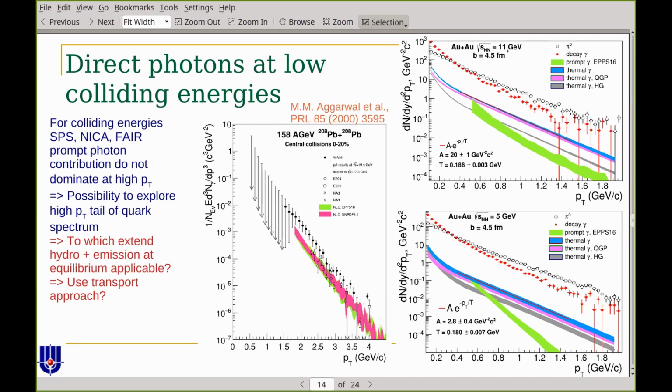And with such collisions, we will be able to look at how fast these tails will be built, looking at the direct thermal photon yield at high pT.